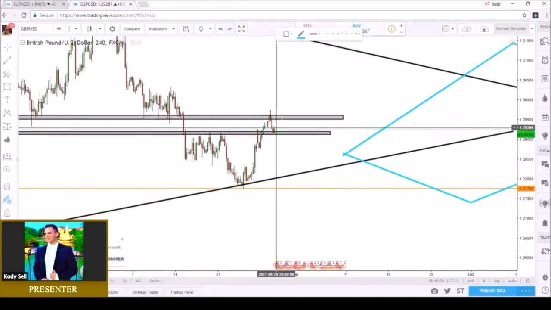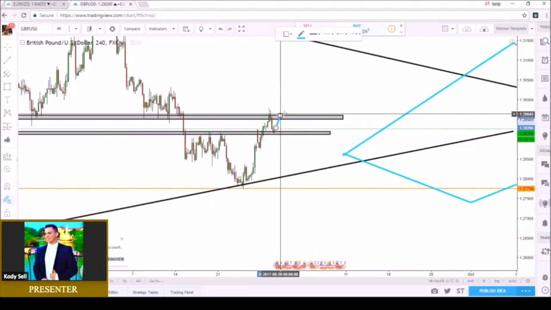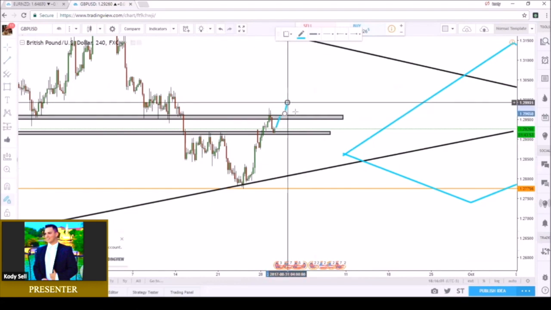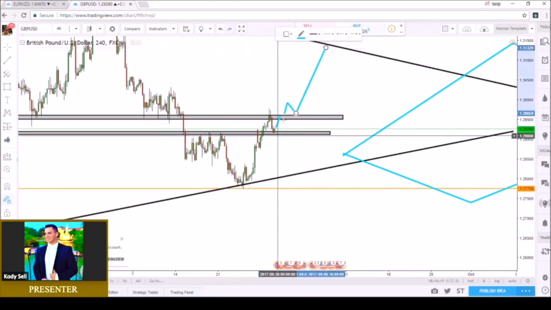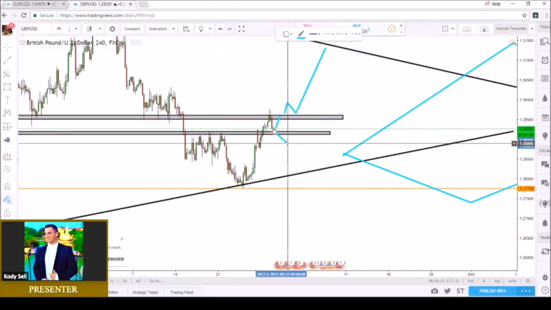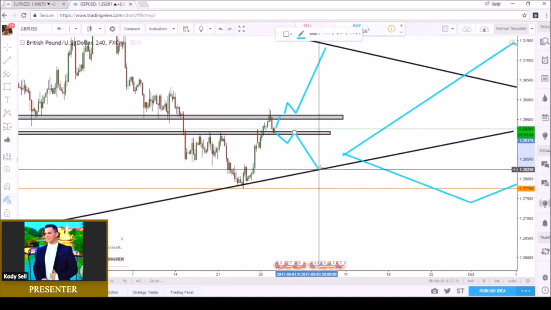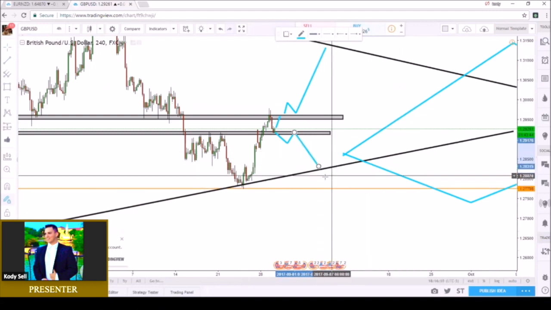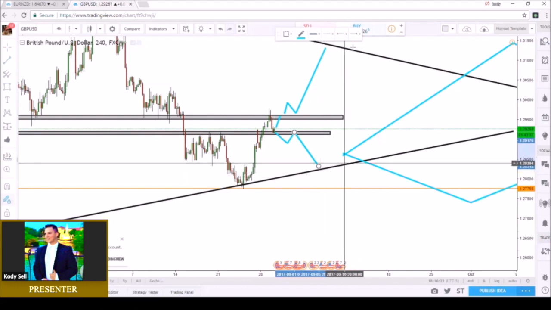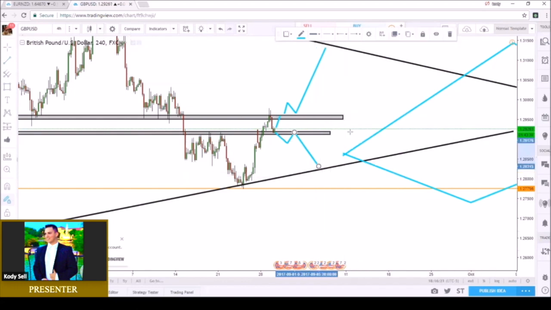So we can either rise up to here, we could ultimately break this level, retest, and head up to our monthly trend line, right? Or we could see this level break, retest, and head down to our weekly counter trend line, right? And then ultimately we expect that at some point these will break and give us our even higher time frame trading plans.